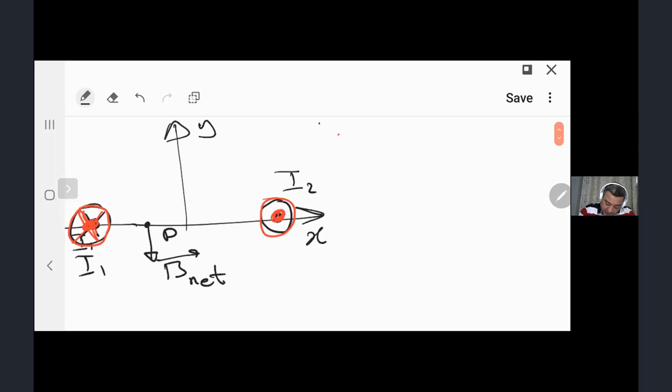Let me start first with the B1. So I have B1 as follows, mu naught. I will put I1 as magnitude and take the sign of I1 and give it to the unit vector. So here I have I1, based on these coordinates X, Y, Z, pointing out of the screen, which means that the direction of I1 is negative k hat, right?